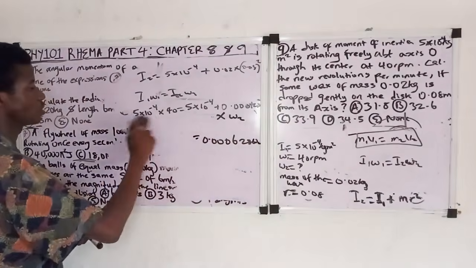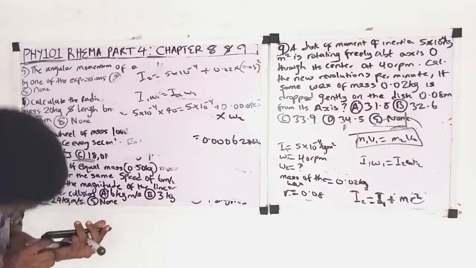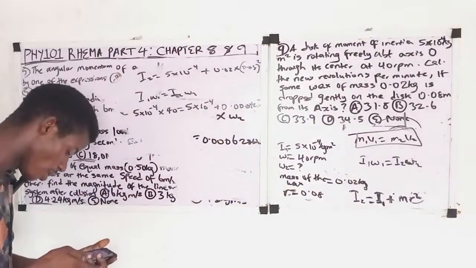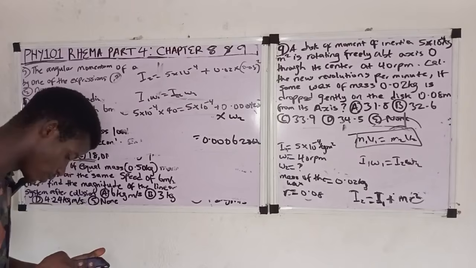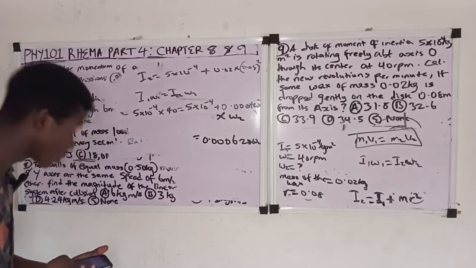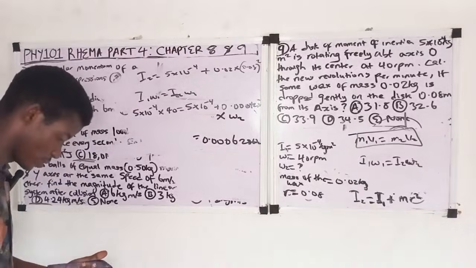Then equals, let's do this. 5 times 10 raised to power minus 4, times 40, gives us 0.02.